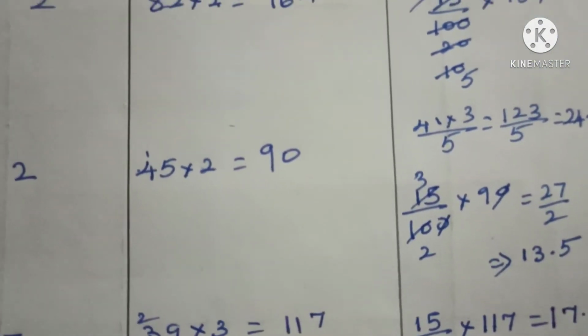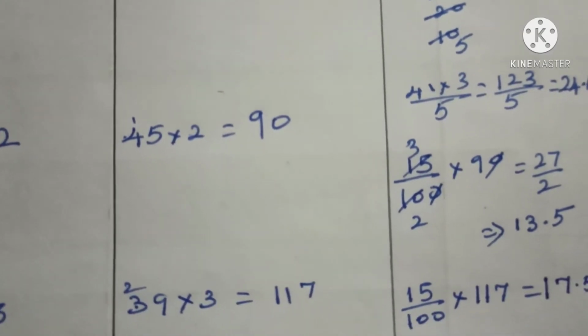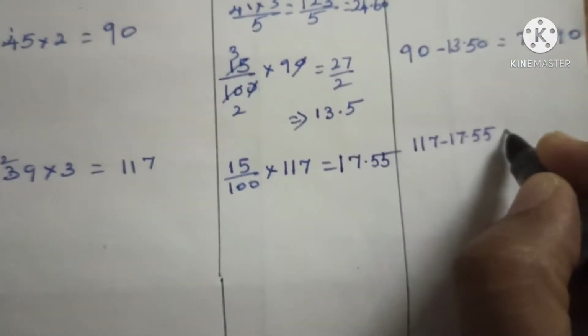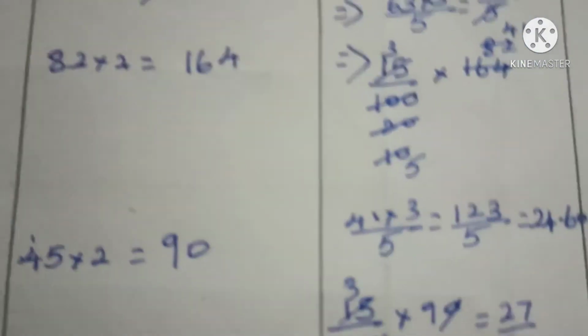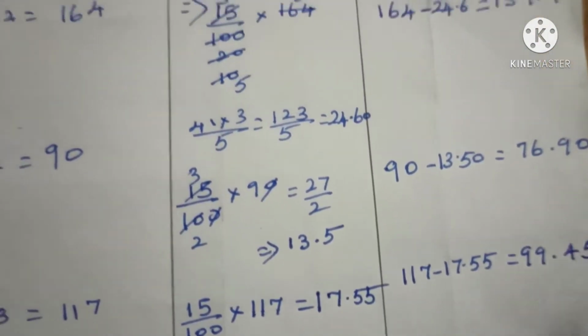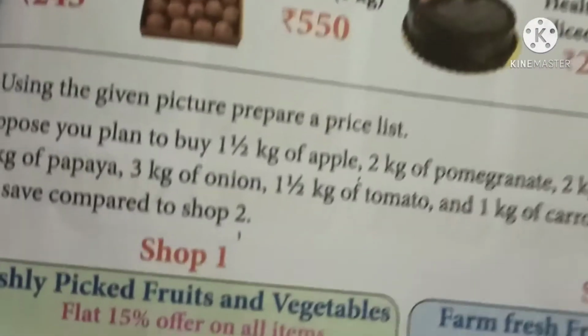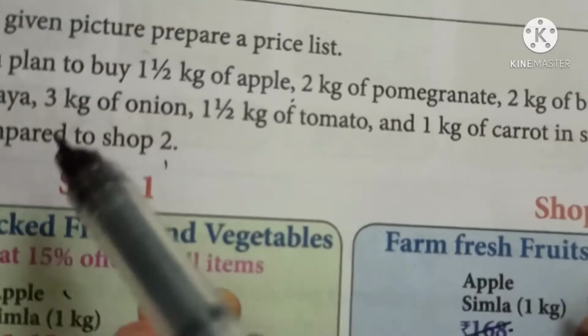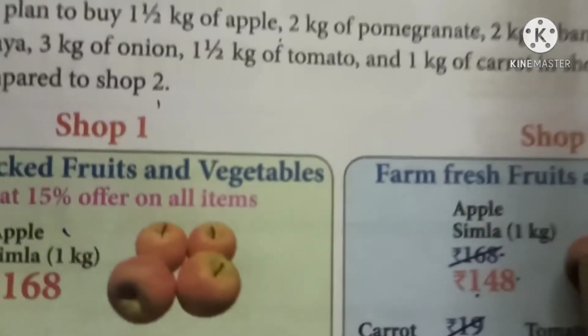Therefore 117 minus 17.55 is equal to 99.45. And then the requirement is 3 kg of onion.